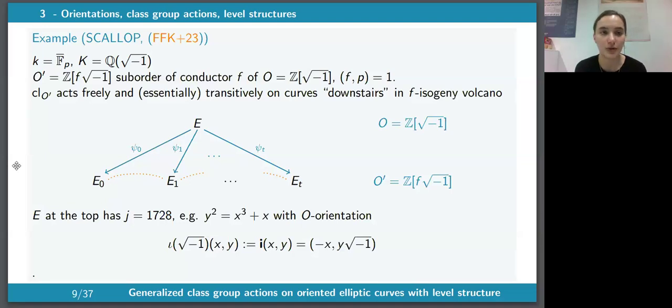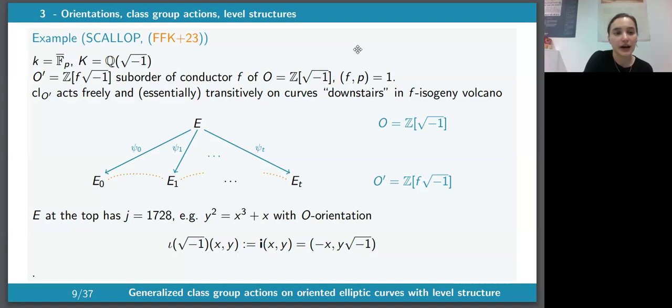Let me now go to one of our favorite examples of today, which is SCALLOP. Again, the base field is a prime characteristic field, and we take this time an order O' of conductor f inside the order Z[sqrt(-1)], where the conductor is prime to the base field characteristic p.